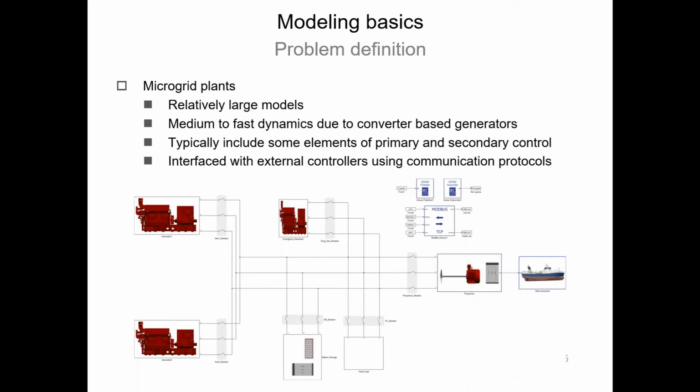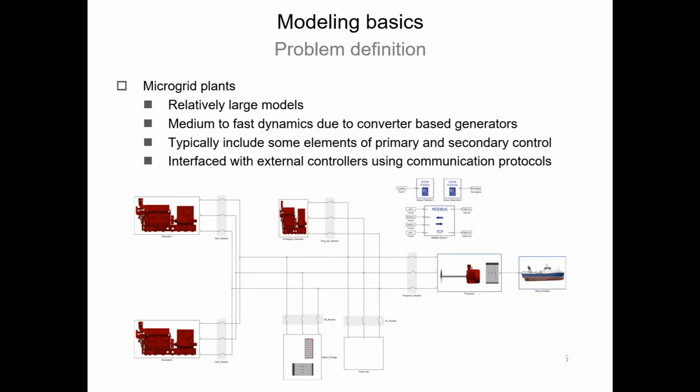Some microgrids are switching to DC distribution, and all of this requires very dynamic models. So today's microgrid models are not only relatively large, but they also cover a pretty wide range of dynamics.